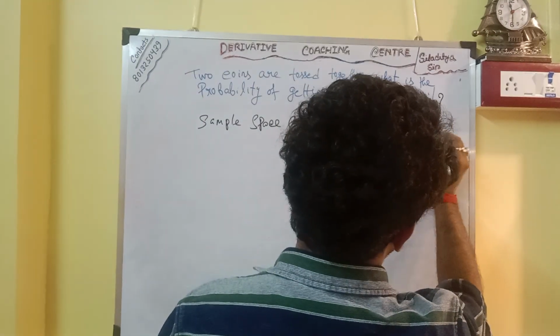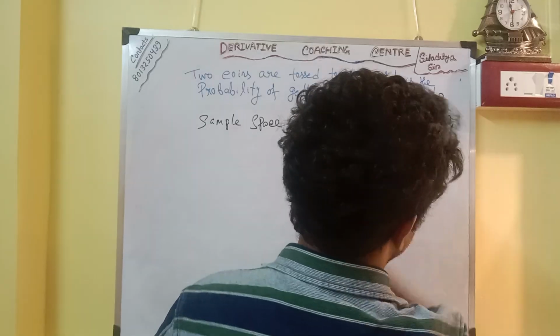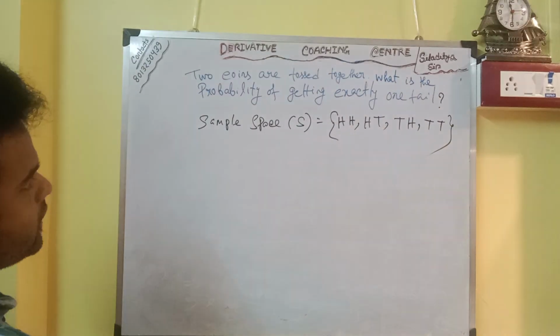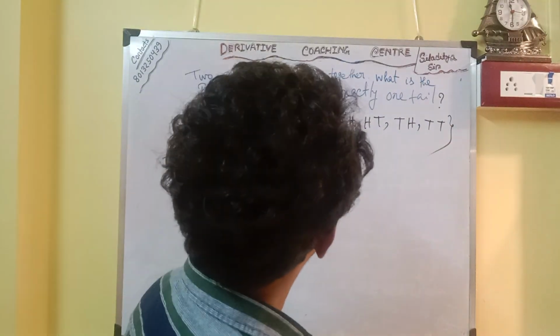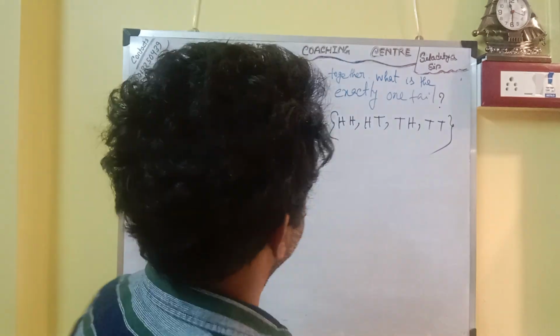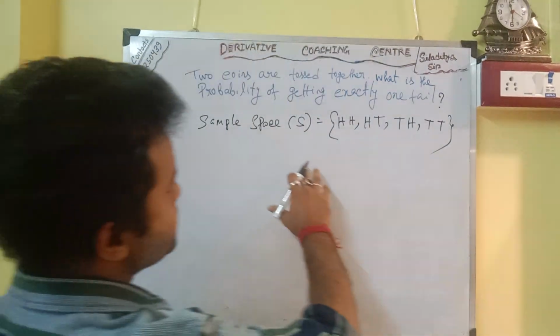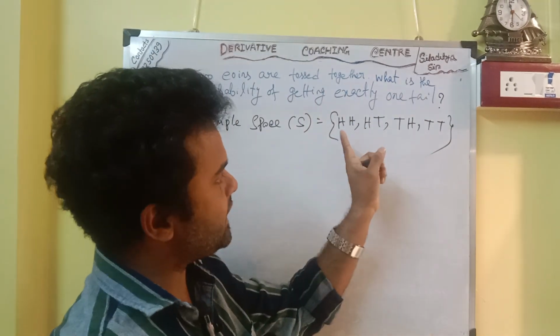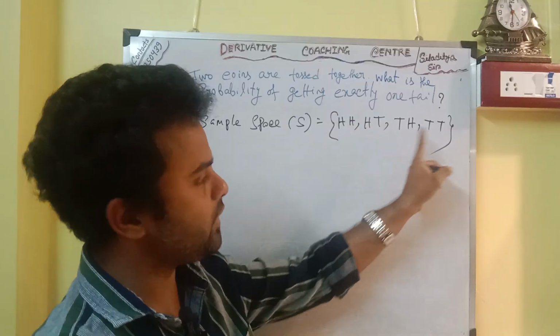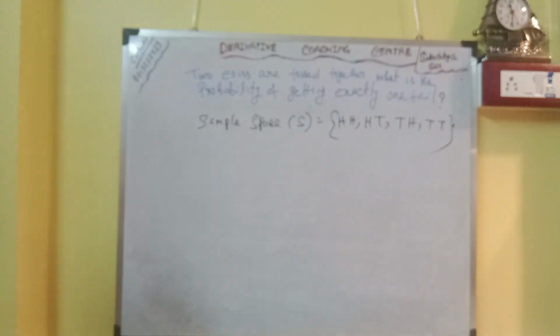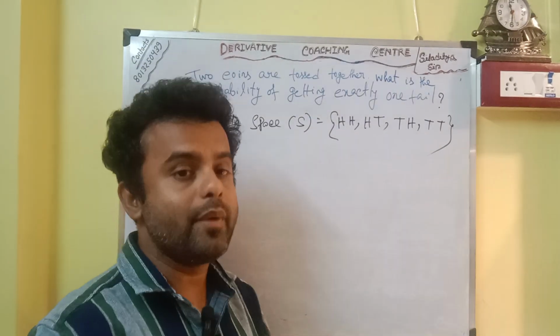And the fourth one is tail tail, both coins are tails. So that is the sample space, the total number of outcomes, that is 4: 1 2 3 4.